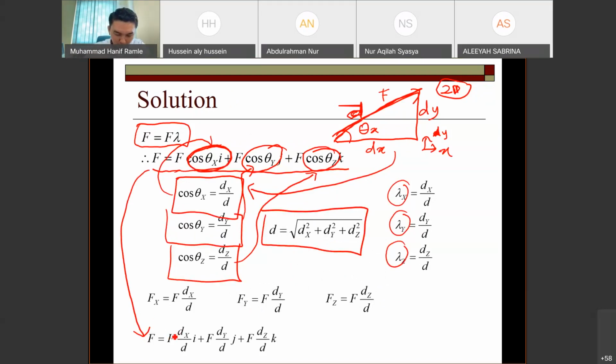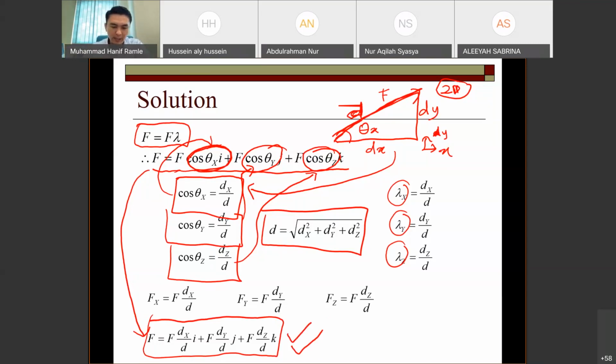So we have an additional equation to represent the coordinate method. And in the end of the day, you will only use this equation to solve the problem.